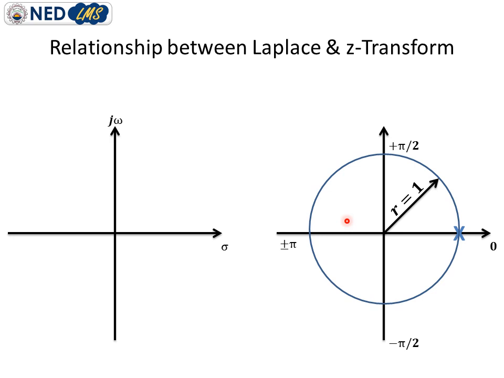And regarding the pole zero configuration, all the poles that lie inside this circle will make the system stable. But if any pole lies outside this circular region, it will make the system unstable.